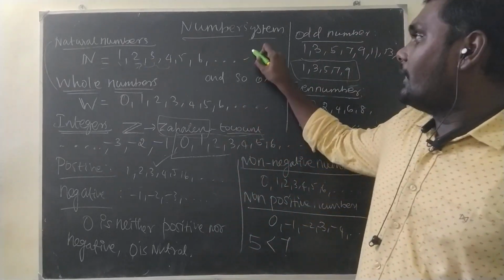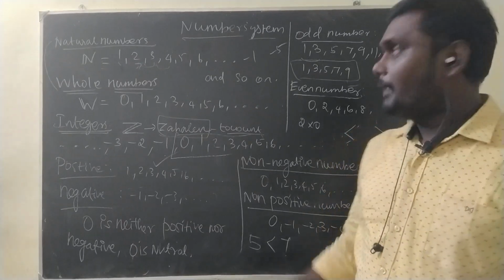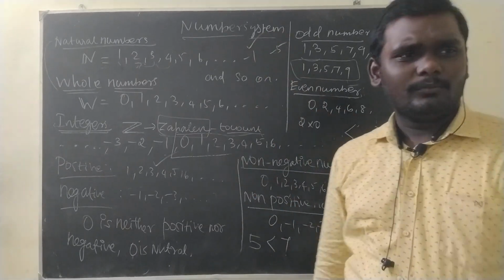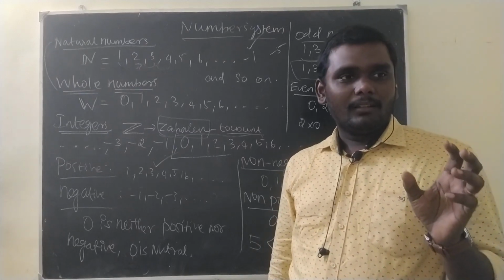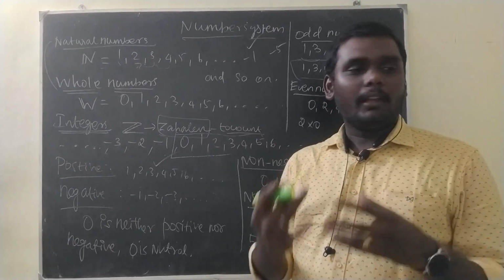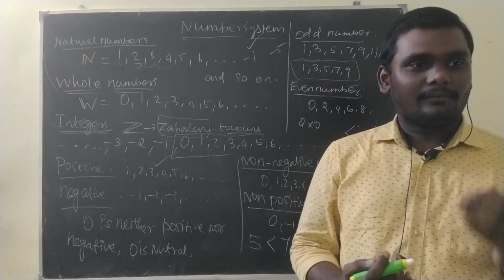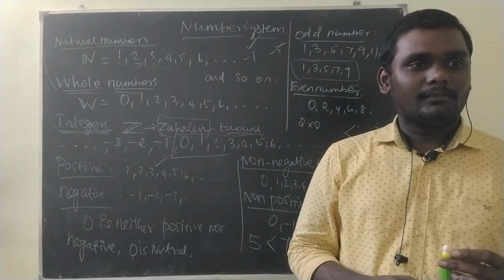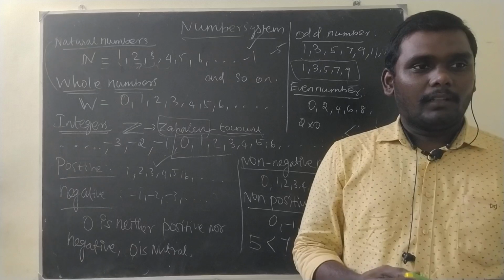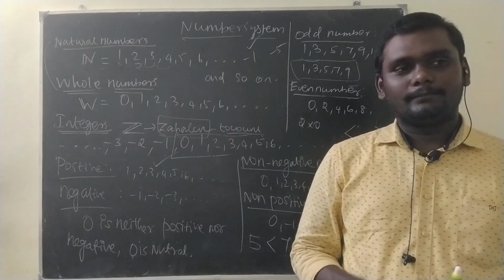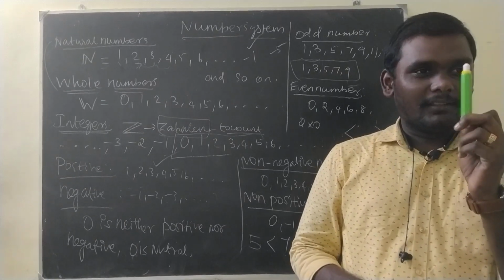Is minus 1 greater or is minus 5 greater? Minus 1 is greater. Why is that so? Because from the point of view of direction or distance, which one is nearer? That we may think of as greatest. For example, one tower is here and we are seeing the tower from this distance.